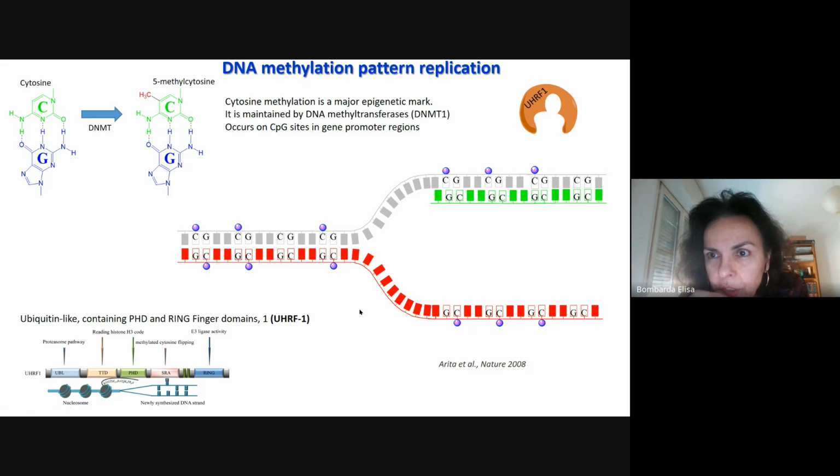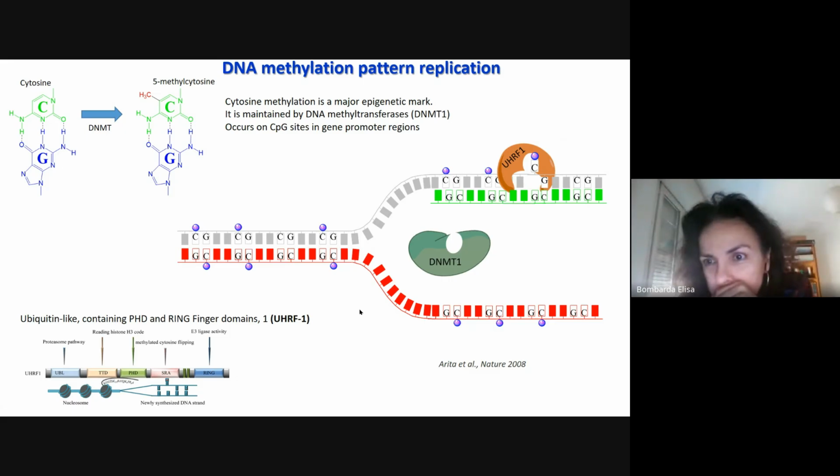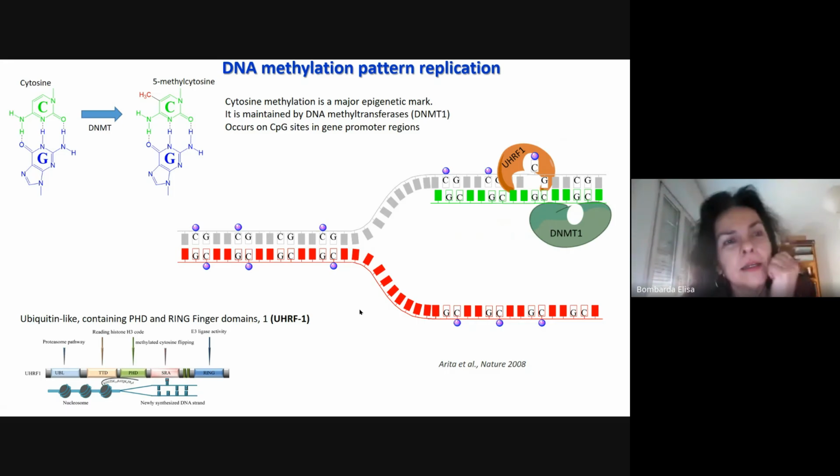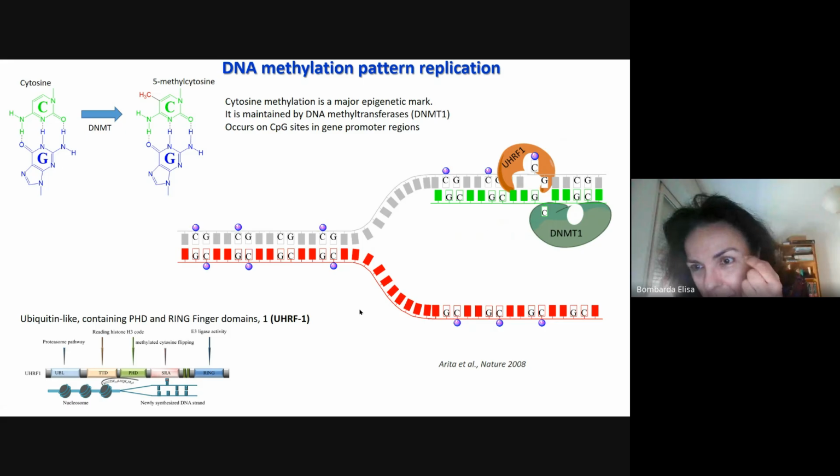Then UHRF1 arrives, and it flips the methylcytosine, which is practically a signal for the DNA methyltransferase, which receives the message to methylate the cytosine corresponding to the flanking guanine.